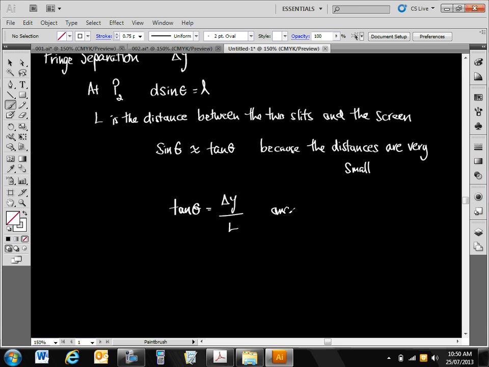And d sine theta equals lambda. This is at P2. We get from that d delta y on L is equal to lambda.